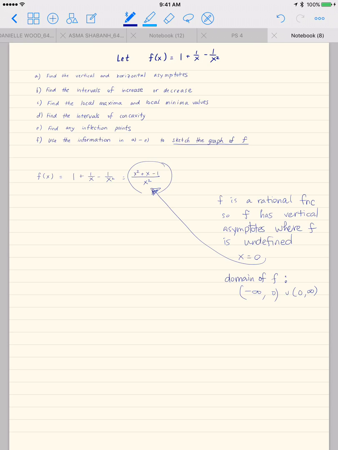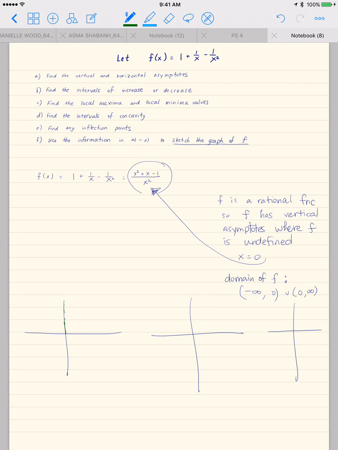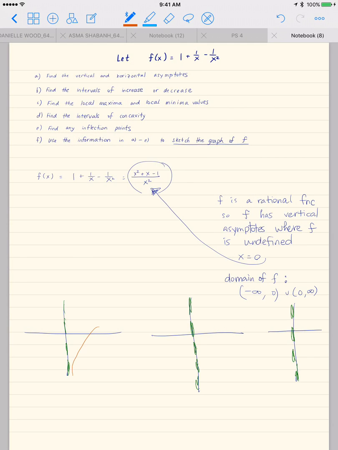We don't know the behavior. Here's what I mean when I say we don't know the behavior. These are 3 different cases of having an asymptote at x equals 0. Here's my asymptote, the y-axis, in each of these cases. But now I don't know if my function looks like this, or like this, or like this.